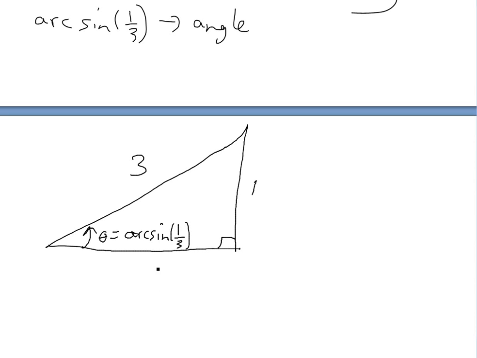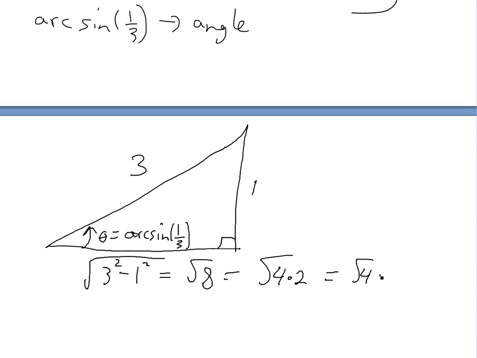And the remaining side is the square root of 3 squared minus 1 squared, which equals root of 9 minus 1, so root 8. You can also simplify this: root 4 times root 2, which equals 2 root 2.